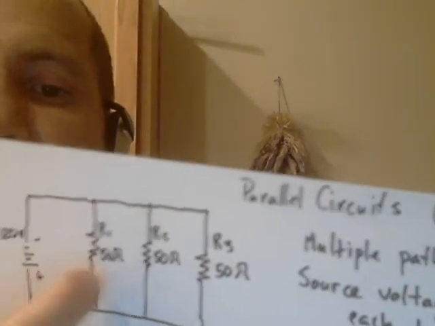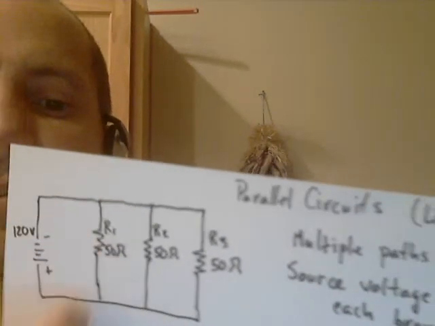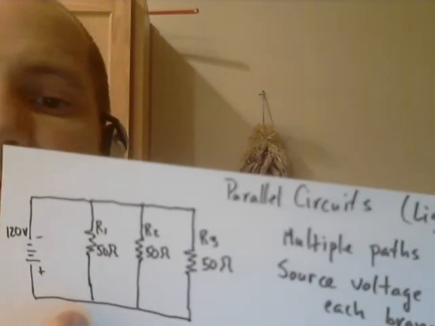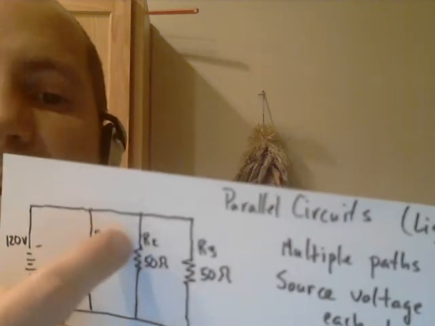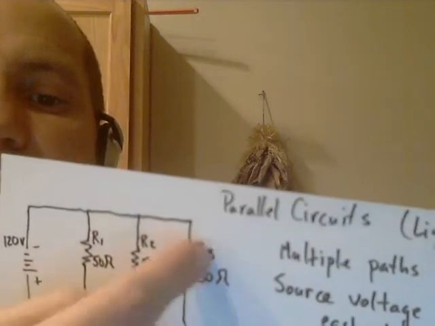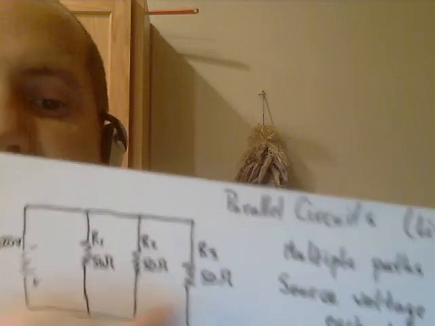We talked about how you use the reciprocal of the reciprocal formula to figure out what that total resistance is. But here again, it will be less than the value of any one of these individual resistors.